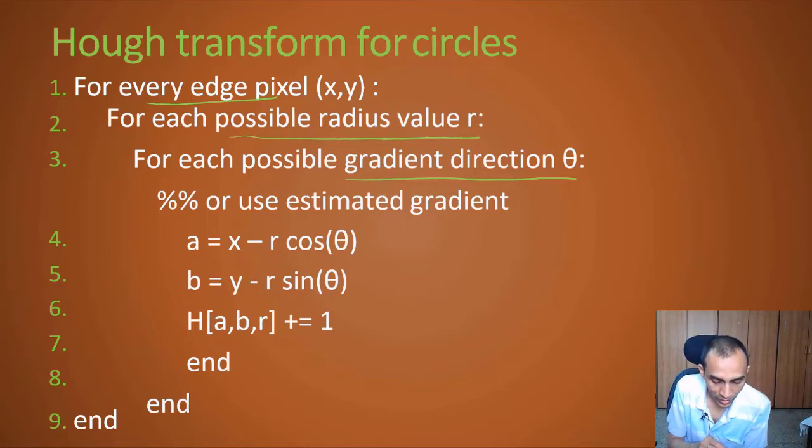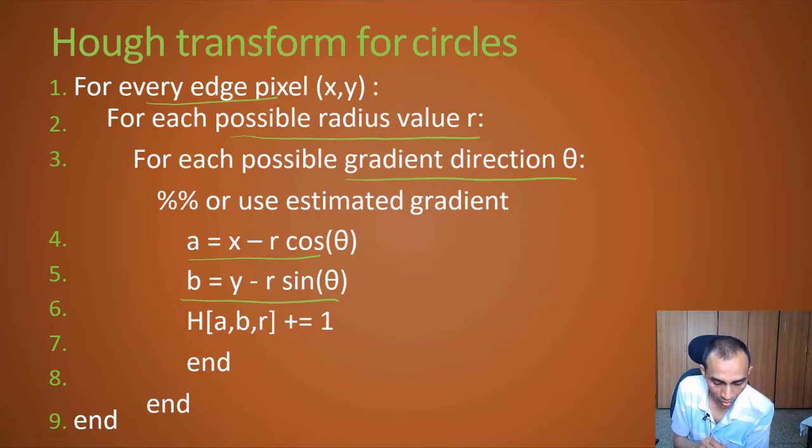So you can see how to use the polar representation for a circle: x equals a plus r cos theta, y equals b plus r sin theta. That is the equation of a circle in polar representation, with theta the angle that it makes from the center. So we know theta, we know r, then we can calculate a and b, and we vote for that a, b and r. We'll increment the count.